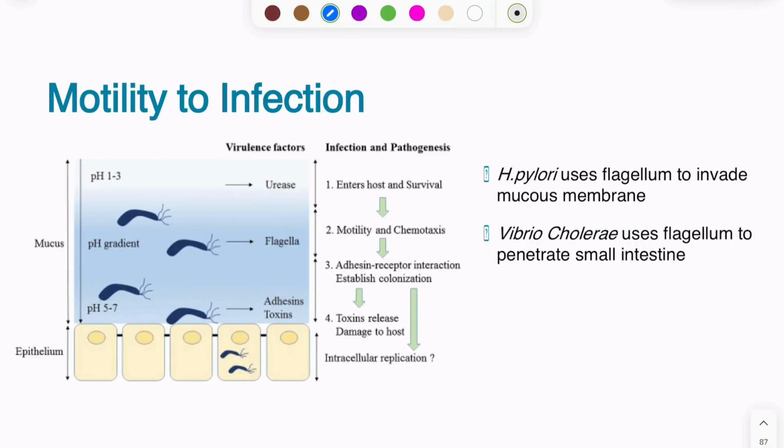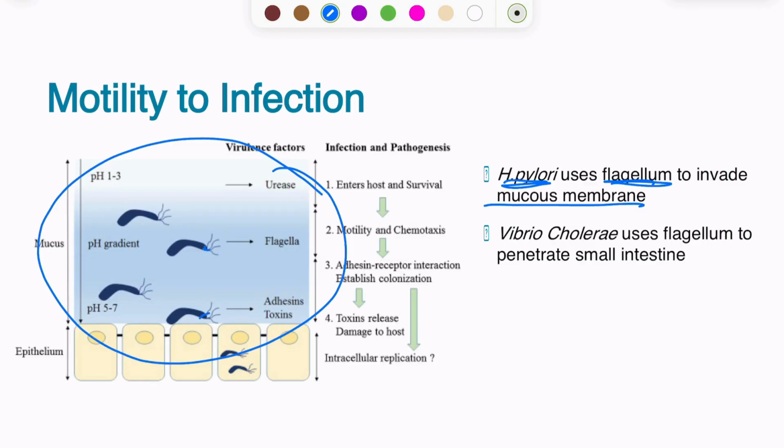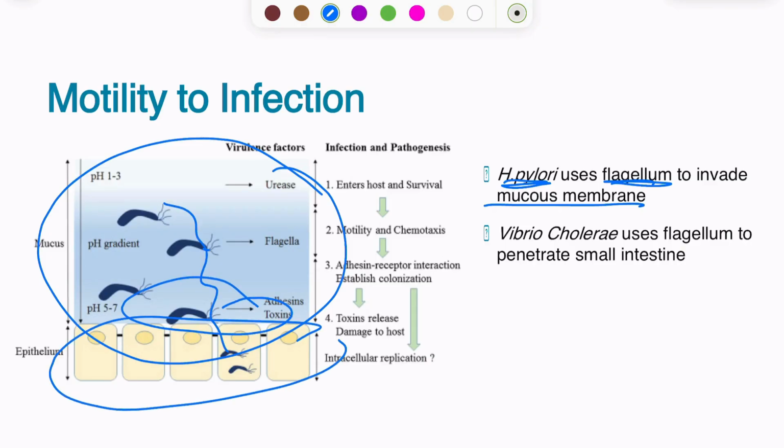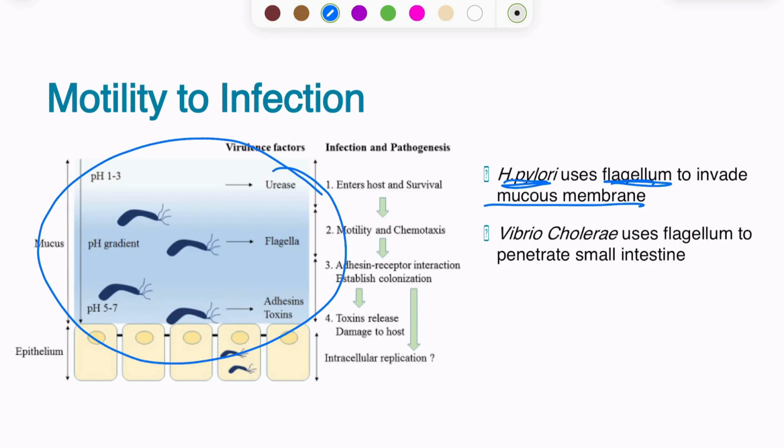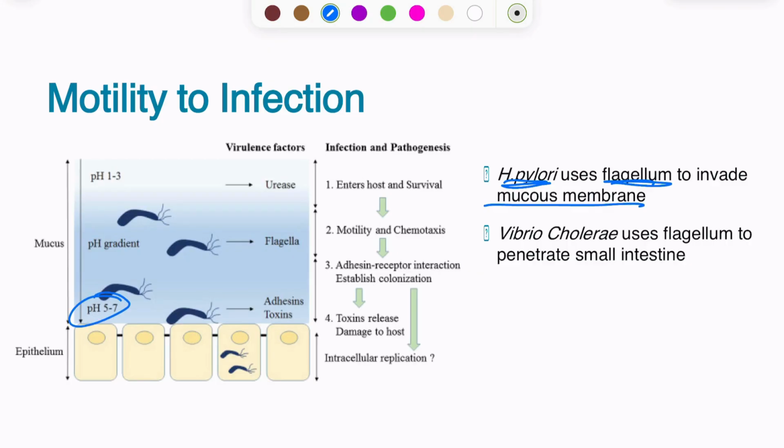We talked about this last time, about H. pylori using its flagellum to invade the stomach membrane. Remember, the flagella allowed the H. pylori to move really fast towards the epithelium, the lining of the stomach. It moves through the acid so quickly, and then it can create the urease enzyme that we tested for. That urease creates a neutral bubble to change the pH, and that allows it to replicate.